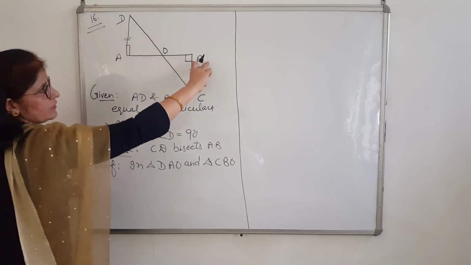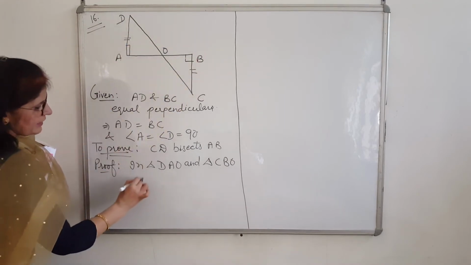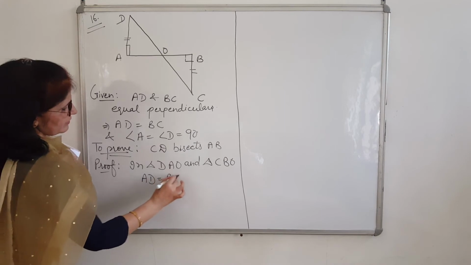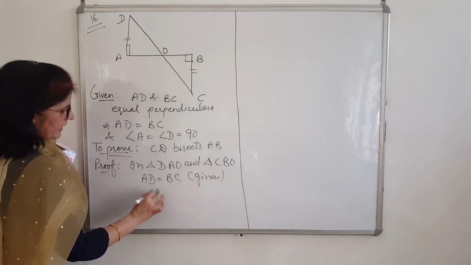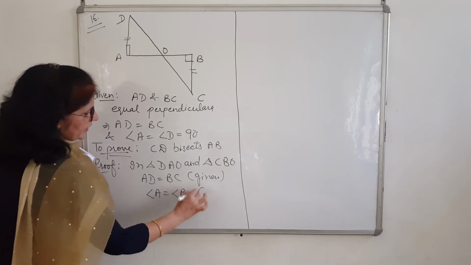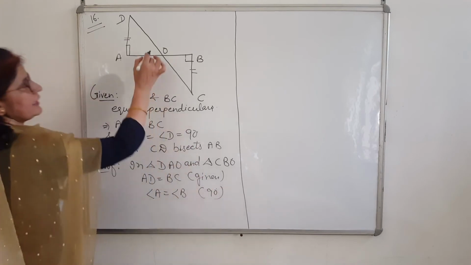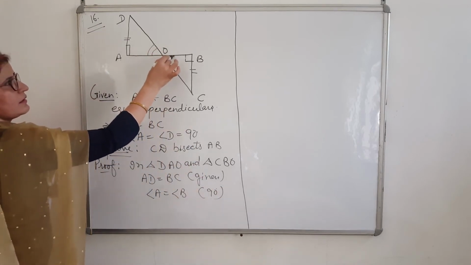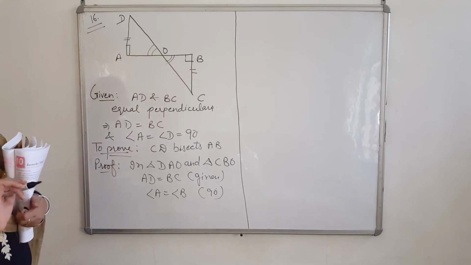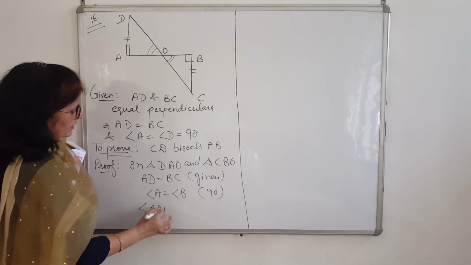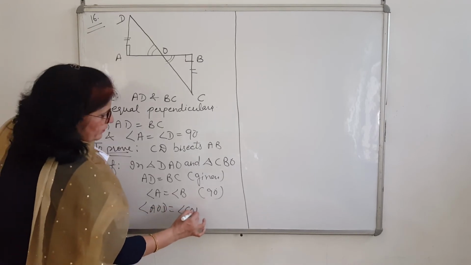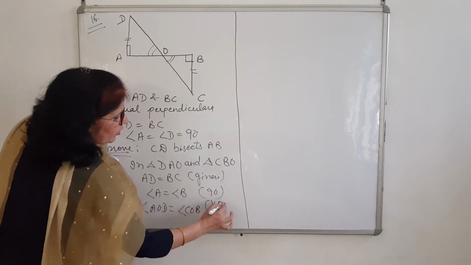AD is equal to BC, it is given in the question. Secondly, angle A is equal to angle B, each 90. The third thing, these angles are equal. Why? They are vertically opposite angles. Angle AOD equals angle COB, vertically opposite angles.